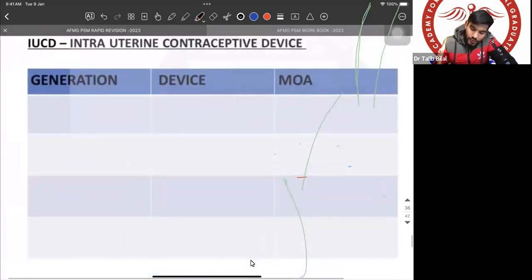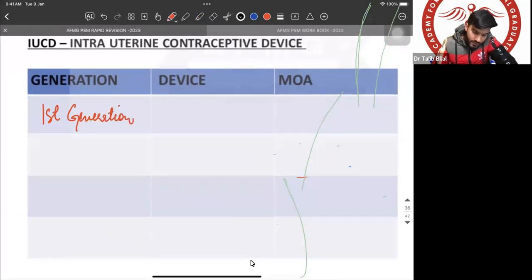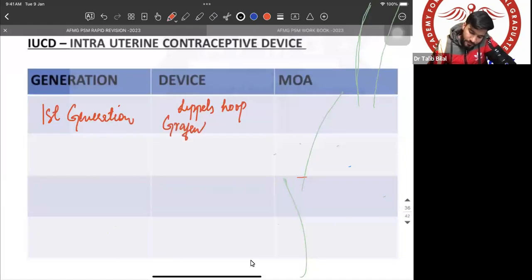Contraceptive devices. First of all, guys, the first generation. What are the examples of first generation IUCD? You have Lippes loop and Grafenberg ring.